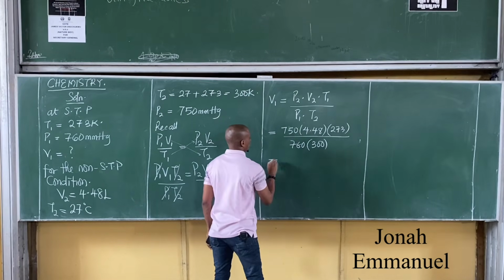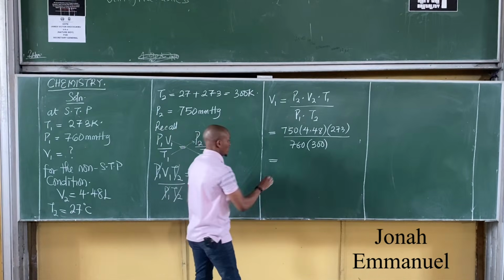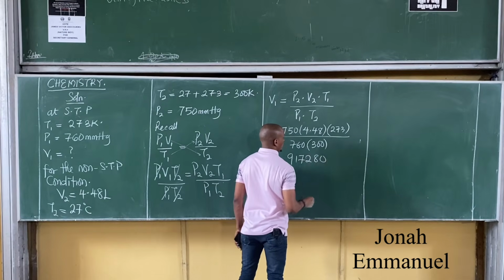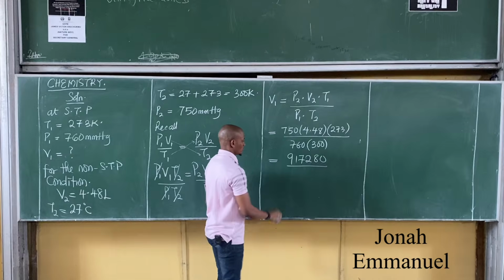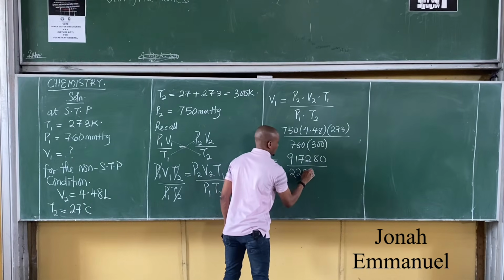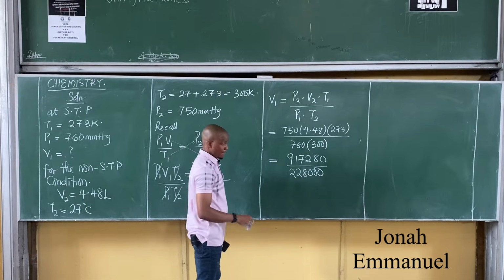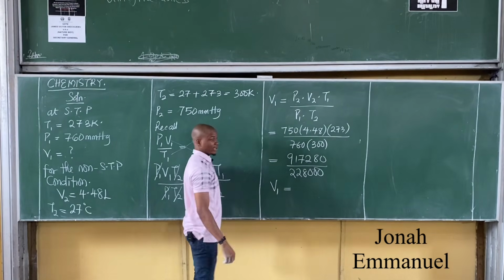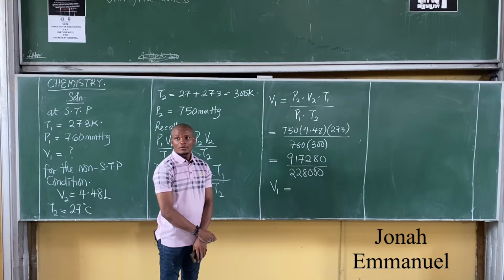Please give me the numerator only. What do you get? 917280 for the numerator, all over the denominator. What do you get? 228000. So V1 is equal to what do you get? Let's confirm this value.